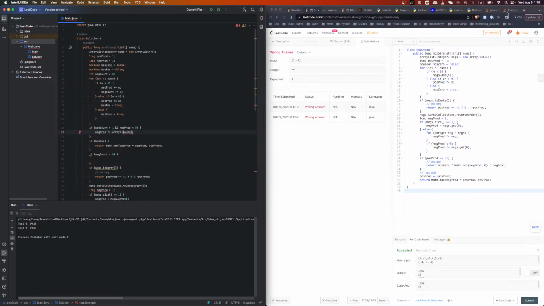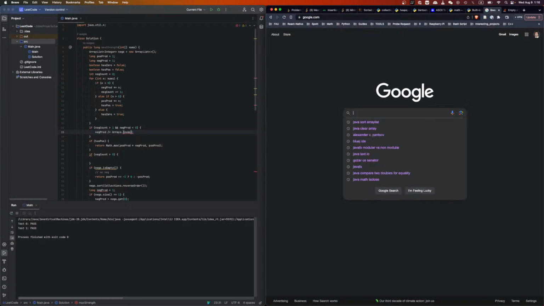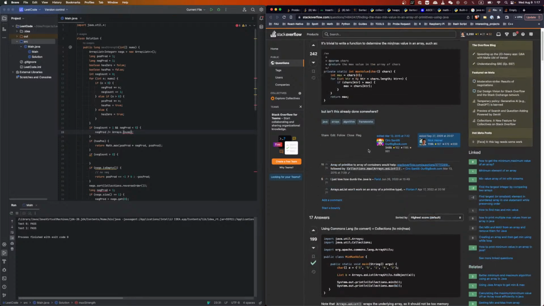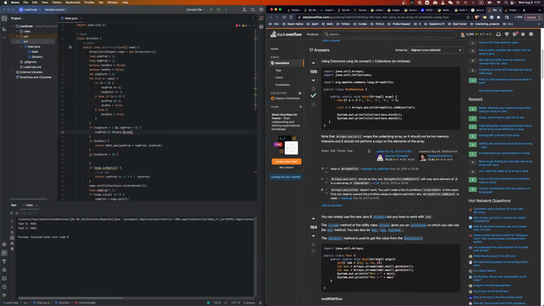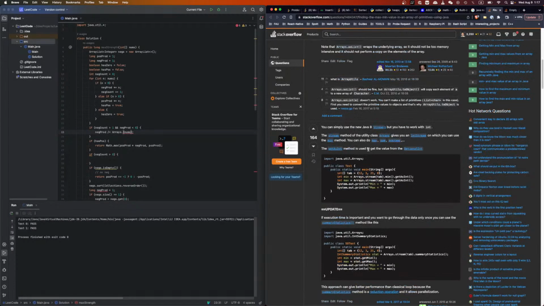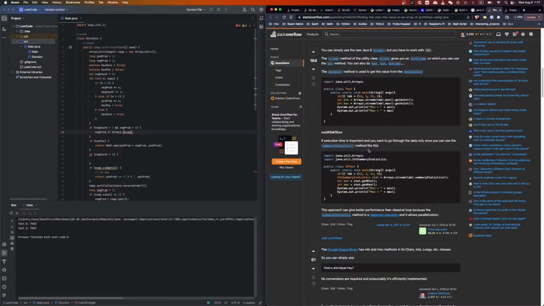How do I find a minimum in an array? Collections.min.